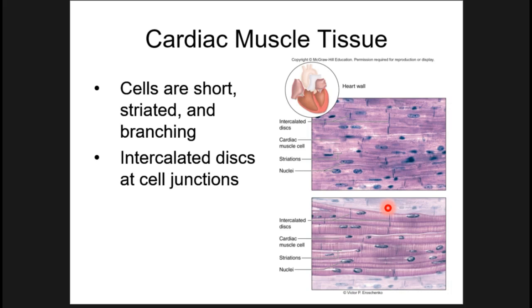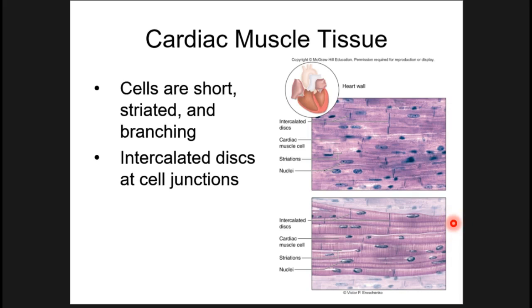In AP2, you've got a whole cardiac unit where we're going to talk about how those gap junctions allow for communication from one cardiomyocyte to the next, cardiac muscle cell to the next, because they need to share ions. When an electrical signal arrives at this cardiac muscle cell, it needs to get to this cardiac muscle cell immediately, because your whole heart has to beat in a coordinated fashion.